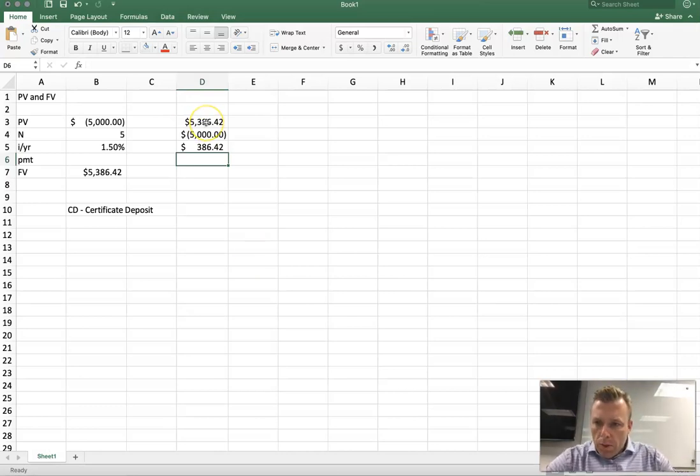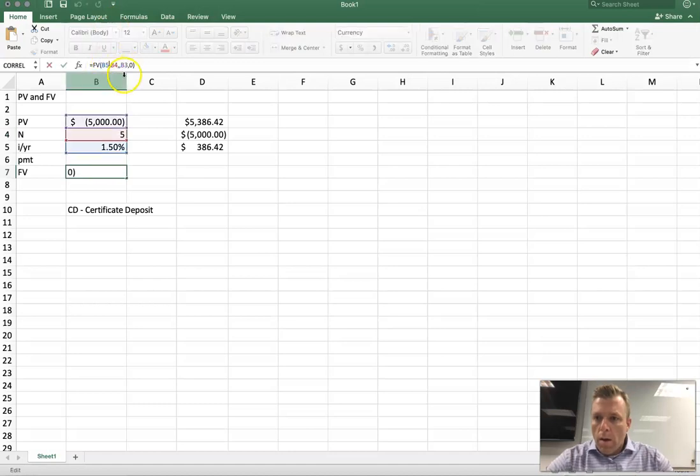Let's change this up just a hair. Let's say that instead of this being compounded annually at 1.5%, it's compounded every month, so 12 times a year. In the equation, we're going to come down here. B5 is interest per year. We're going to divide that by 12, because that's what we're compounding by. Then we come to B4, which is the periods, and we multiply it by 12 in the equation.